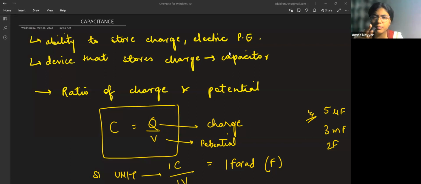So just text me in the chat column, just text a yes, those who want a class of the first chapter, those who had joined in the middle and want a complete backup of chapter 1. Because for chapter 2, most of you are there. But for chapter 1, I do not remember who all joined late. Rabia wants it. Anyone else apart from Rabia? Then I'll only take the class for Rabia.